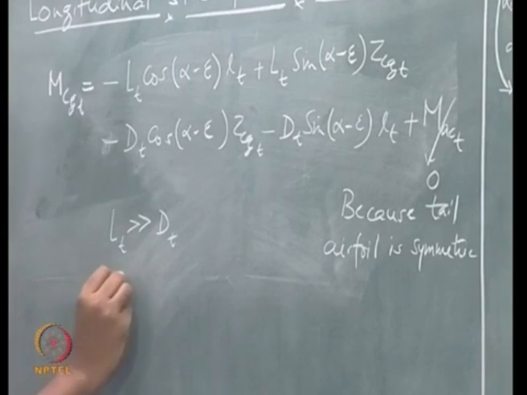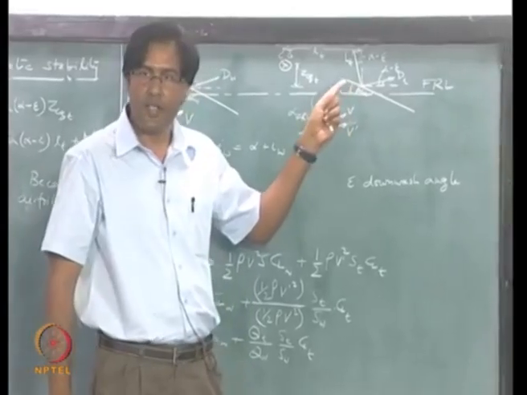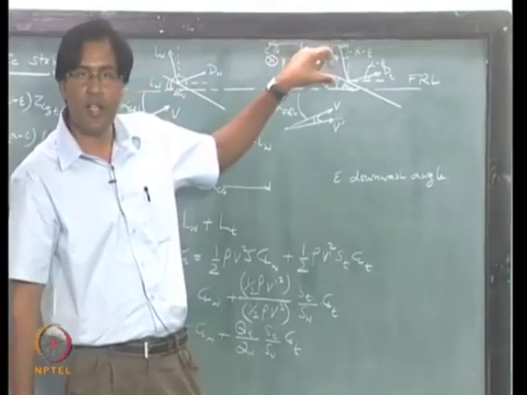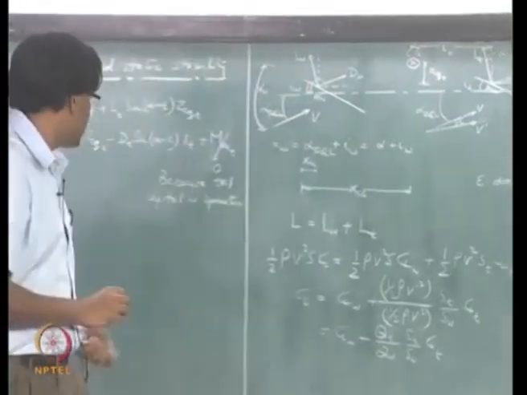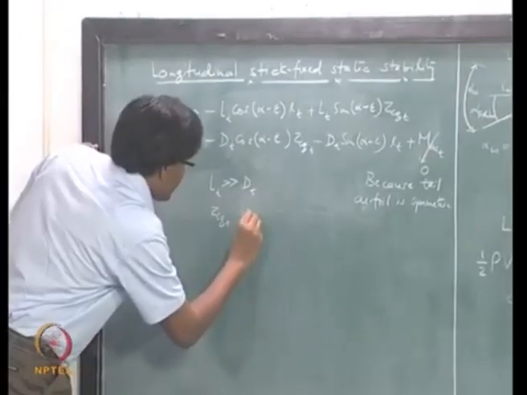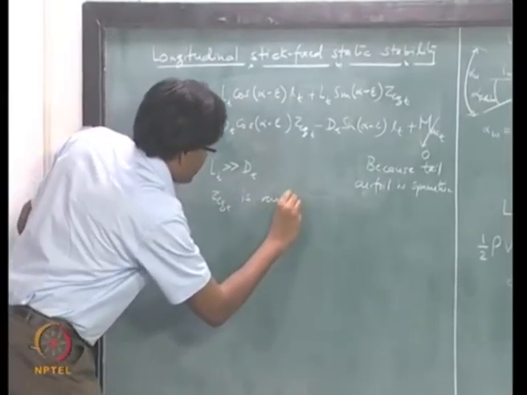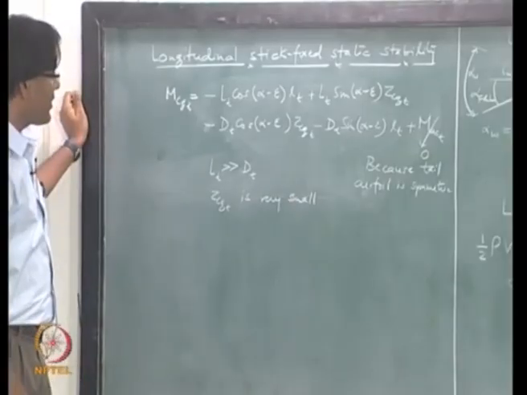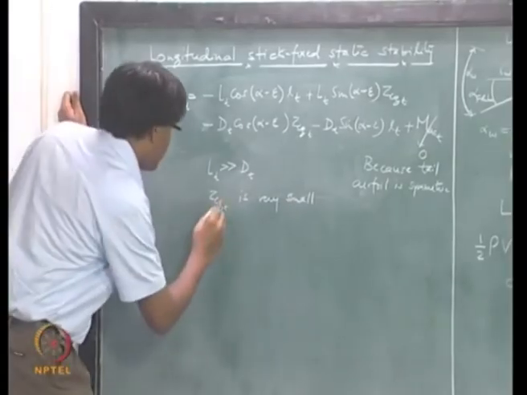Let us say the height of the center of gravity from the aerodynamic center of the tail is very small, and angles are small.